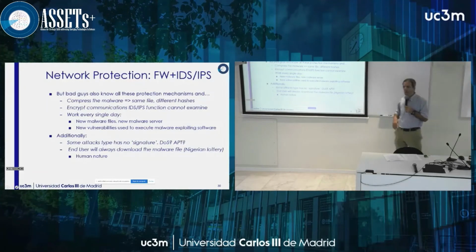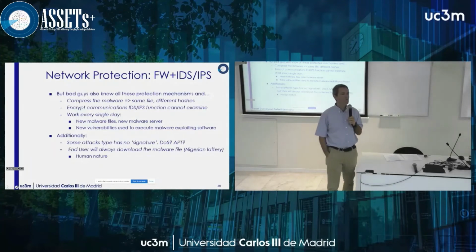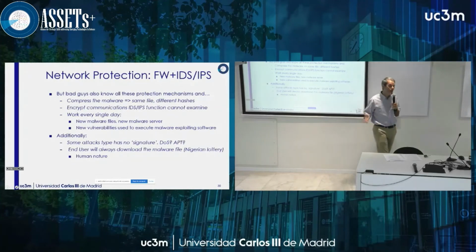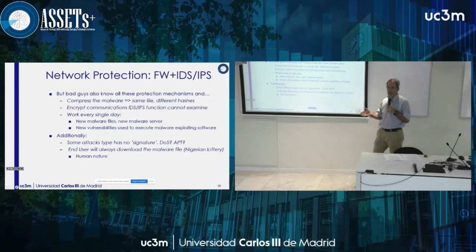Every day new malware files are being written, and hackers will have new servers to make the attacks. New vulnerabilities appear every day in legal software that can be exploited by the malware.